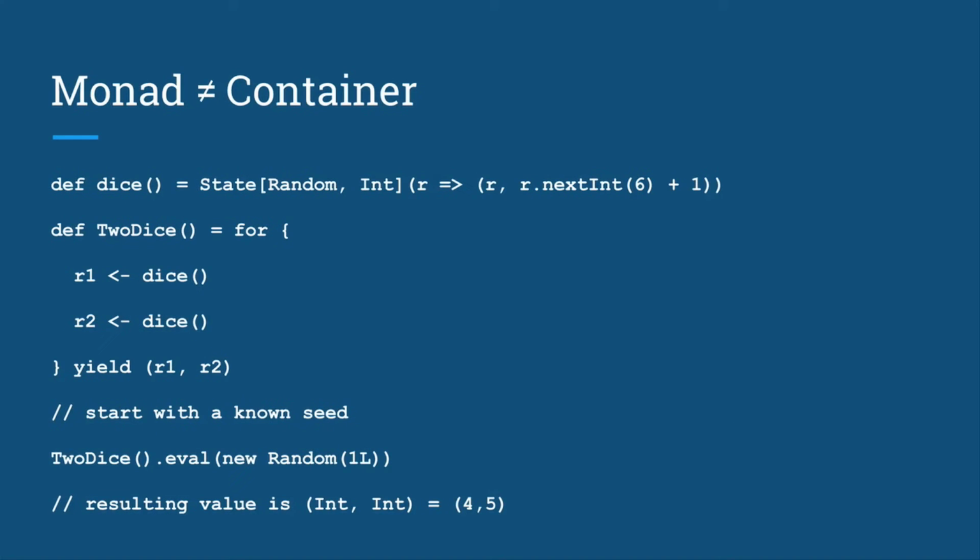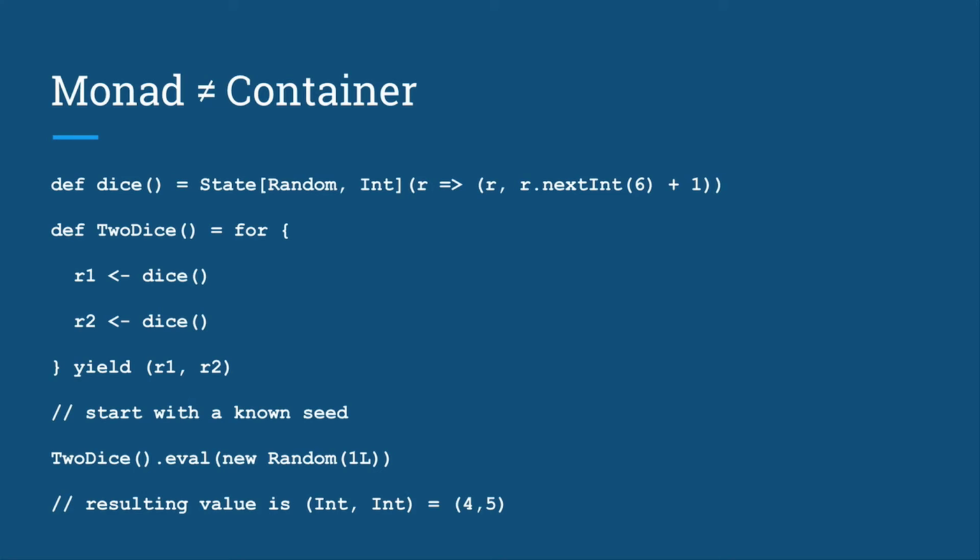So again, a monad is not a container. Here's an example. Take a state monad that keeps state on the left, and we throw a die. Because state is a monad, it has map, because a monad is a functor, and it has flatMap.